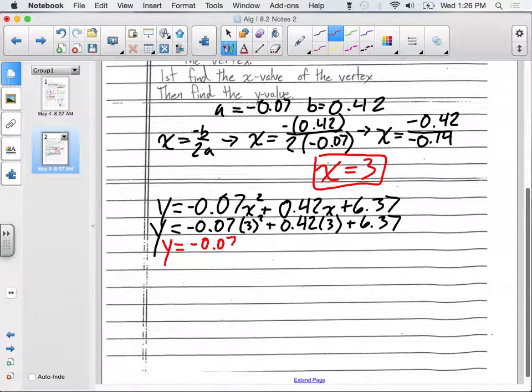I'm just gonna do this one step at a time. So what's 3 squared? 9.